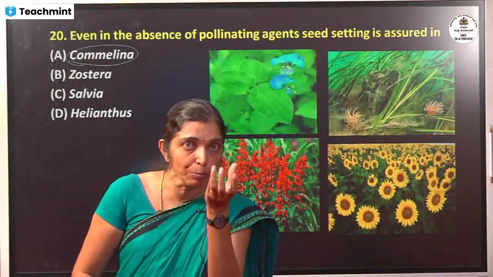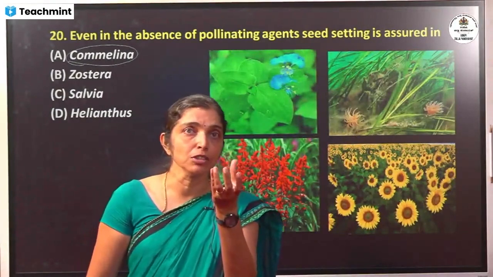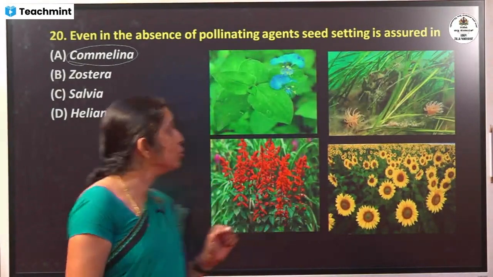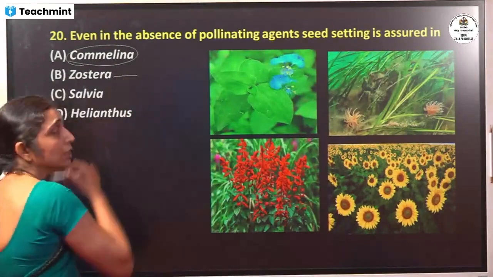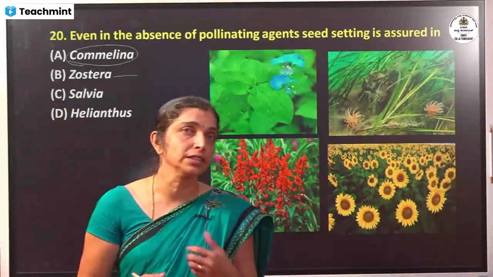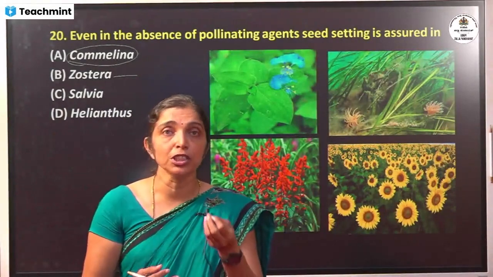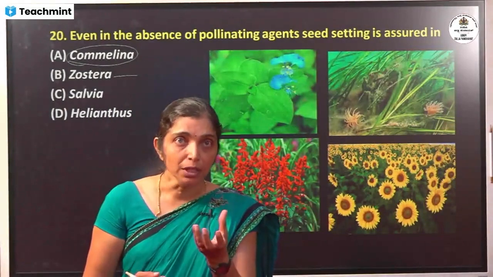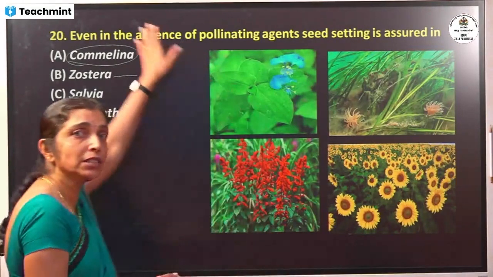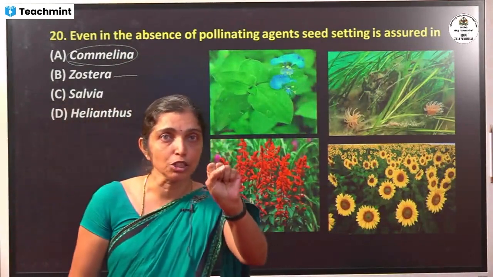Even before they open, pollination has already taken place. Whereas when you come to Zostera, water is the pollinating agent. In Salvia and Helianthus, insects are the pollinating agents, because they are chasmogamous flowers. They open up. It is only Commelina among these 4 options which is a cleistogamous flower, that is, a closed flower.